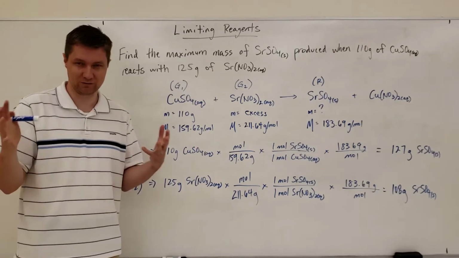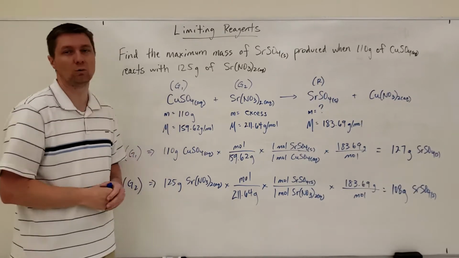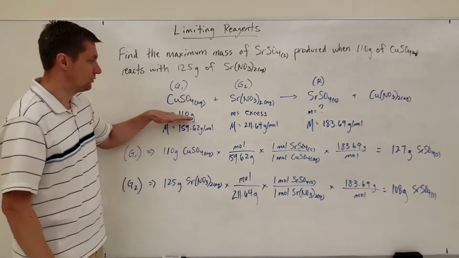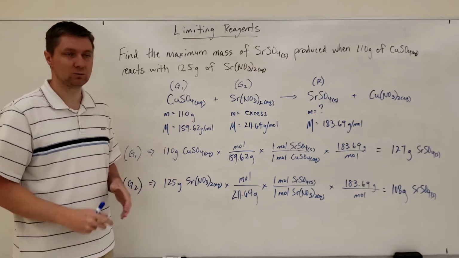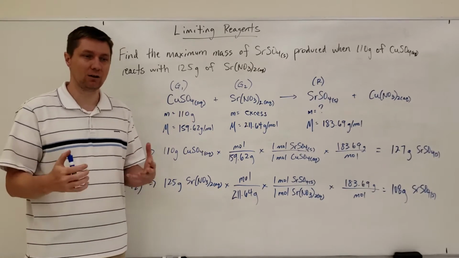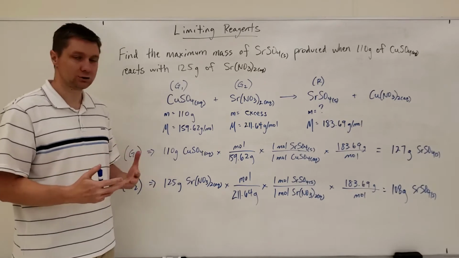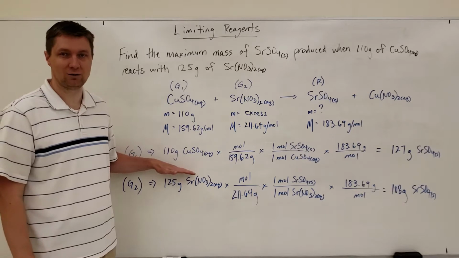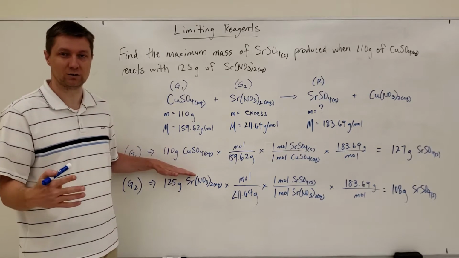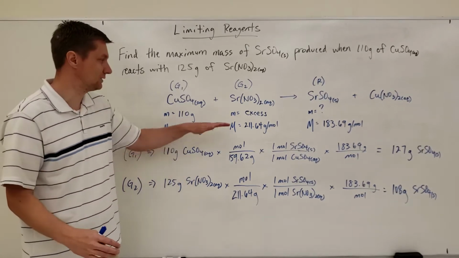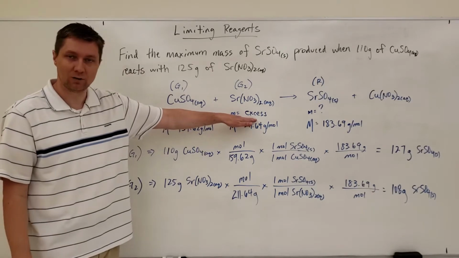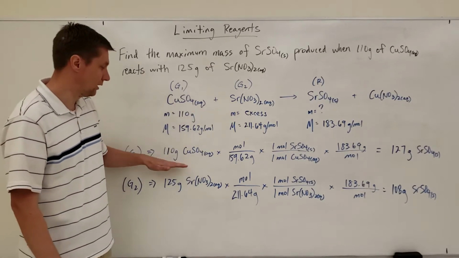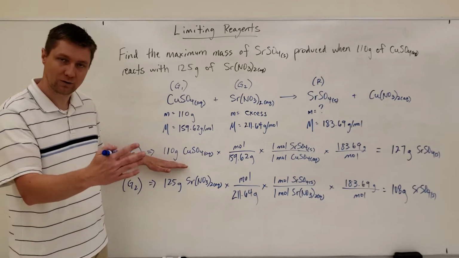But for the purposes of figuring out the question, this is what we're going to assume. So I do the stoichiometry, and what this means is I am calculating how much is being produced if all 110 grams of copper(II) sulfate is going to react. The only way to ensure that is to react it with excess strontium nitrate. So I do the stoichiometry with that assumption.